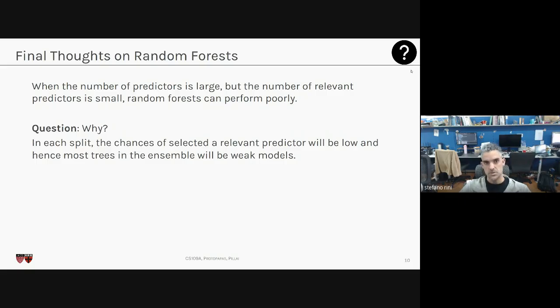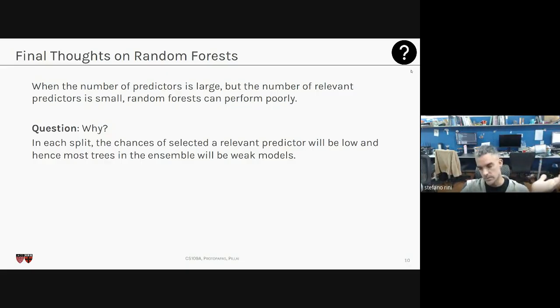Some final thoughts: when the number of predictors is large, but the number of relevant predictors is small, then the random forest can perform poorly. Makes sense, right? We saw with the last example that sometimes you have to remove predictors that are just introducing noise in the model, in order to avoid these features ending up somewhere high in the tree, so that the tree has a very poor prediction.